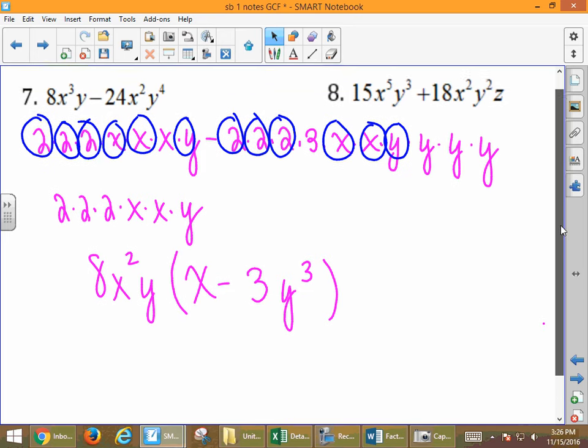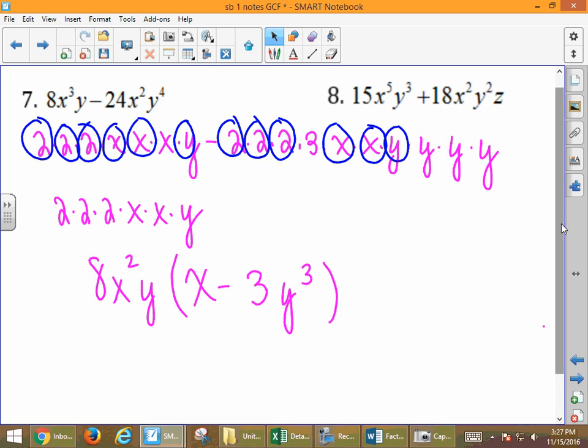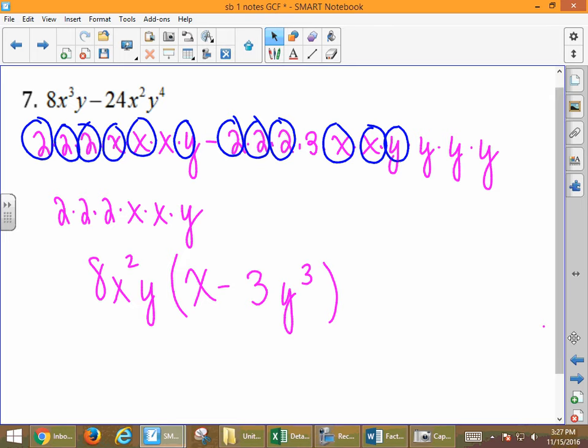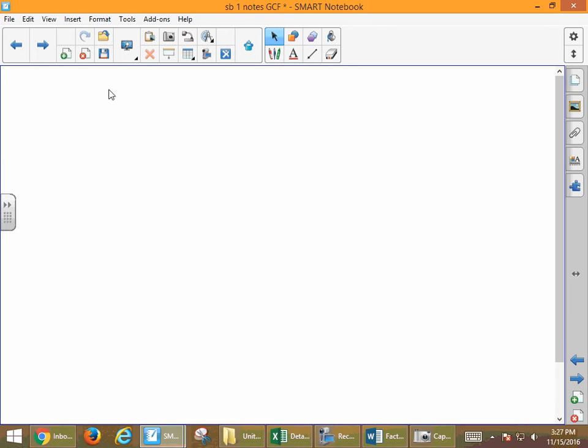So I'm going to move problem number 8 over to its own page here. And let's do this one without writing it all out. So in this particular case, once again, what we need to look at is, what's the biggest number that divides into 15 and 18?